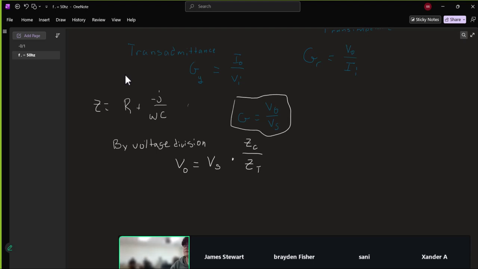And that is what we're looking for. So V out over Vs equals Zc over Zt, which is minus J over omega c over R minus J over omega c.